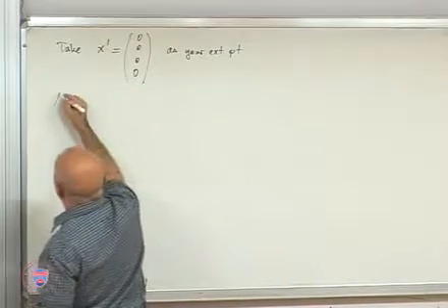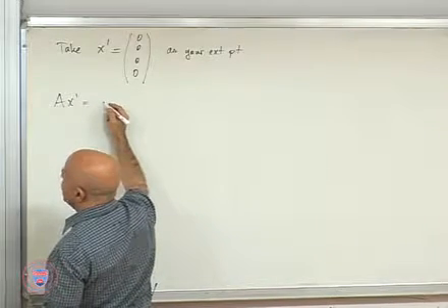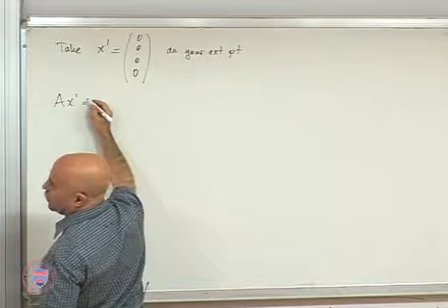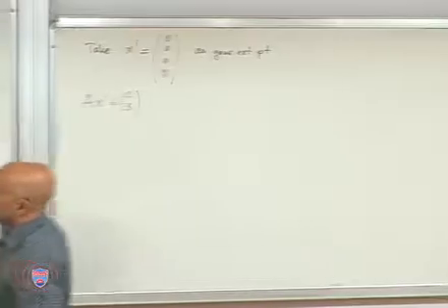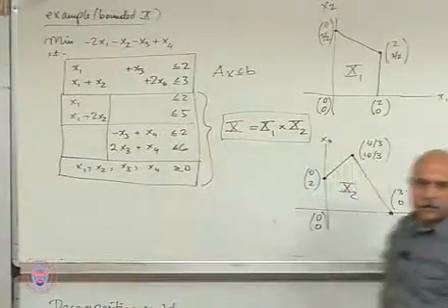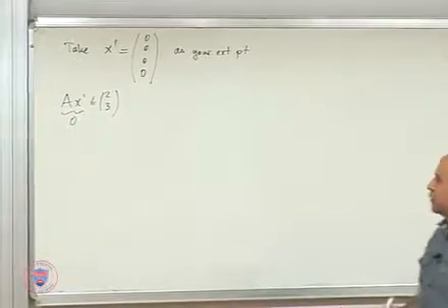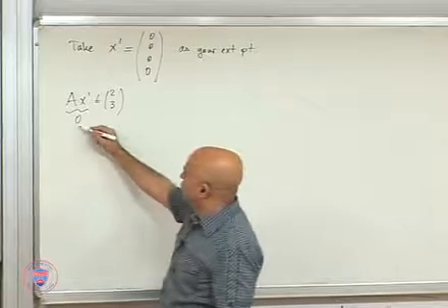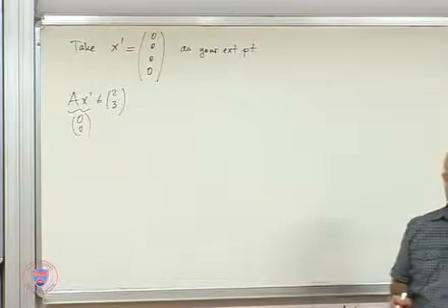In this case, of course, A times x1 is simply less than or equal to 2, 3, which is the b vector here, because when x1 is 0, this part is simply the vector of zeros. Okay, 0 and 0. So it does satisfy the condition that we looked for.